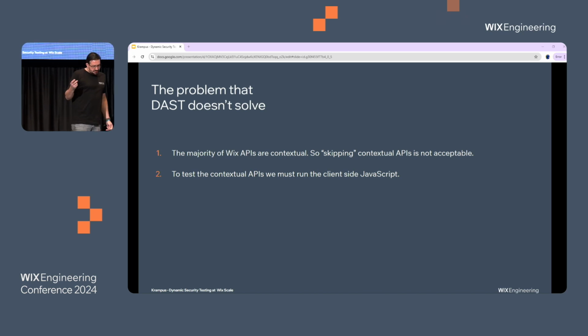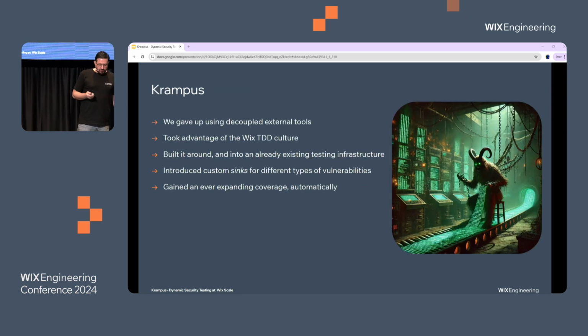And the second is that we must run the client-side JavaScript to be able to create this backend state required and to form a proper request in order to test an API that relies on some context. So we did not give up, and we decided to build our own tool from the ground up. It's called Krampus. Dmitry here will tell you why.